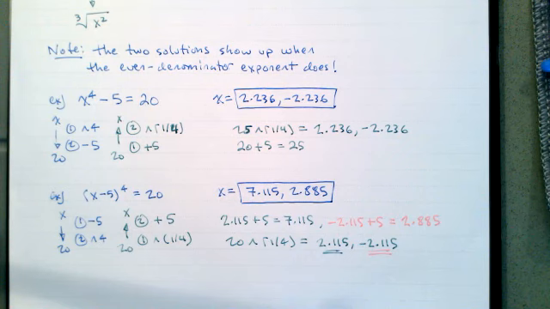So those are the things that we want to remember at this stage in our solving equations career. We'll want to read the expression, and we want to do inverse operations in reverse order to solve. We want to remember that the inverse of an exponent is a reciprocal exponent. We want to remember that radicals are fraction exponents, where the index of the radical is the denominator of the fraction exponent.